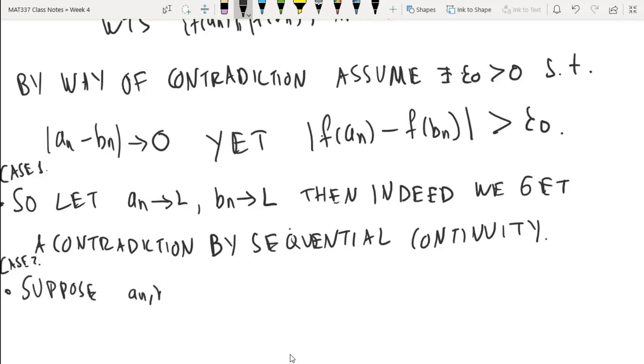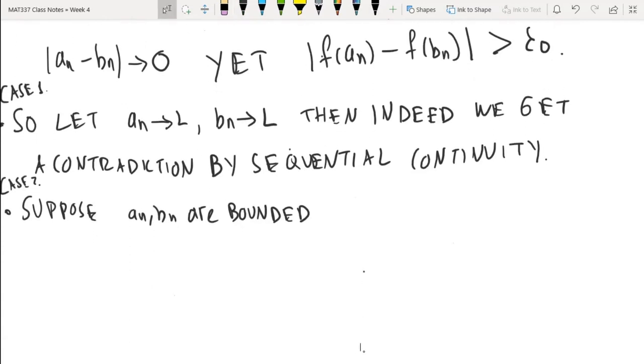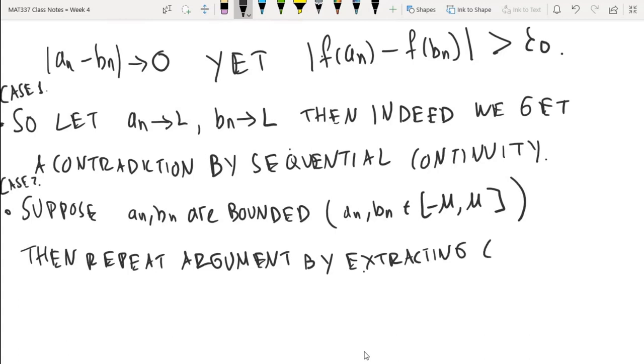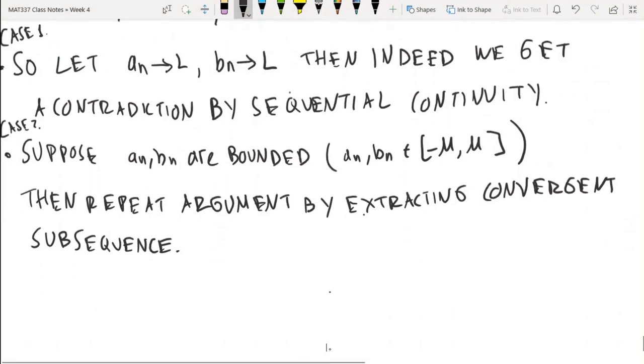Suppose that an and bn are bounded, meaning an and bn are within a closed interval minus M to M. Then repeat the argument by extracting convergent subsequences.